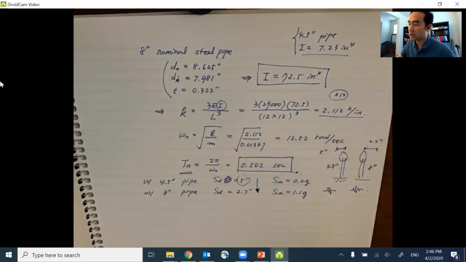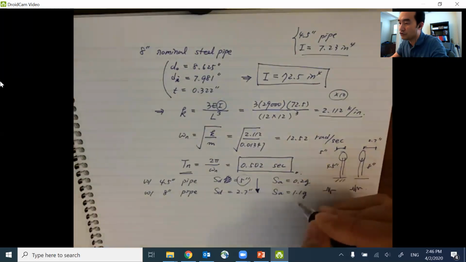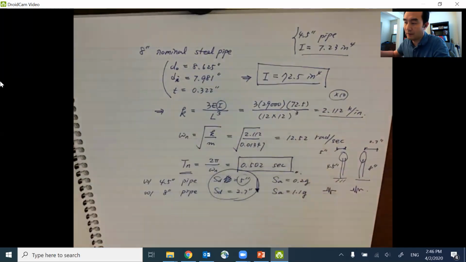But what about the stress value? Okay, so we have a big increase from 0.2 G to 1.1 G, right? So we have a benefit of reduced deformation, but let's talk about the maximum stress.